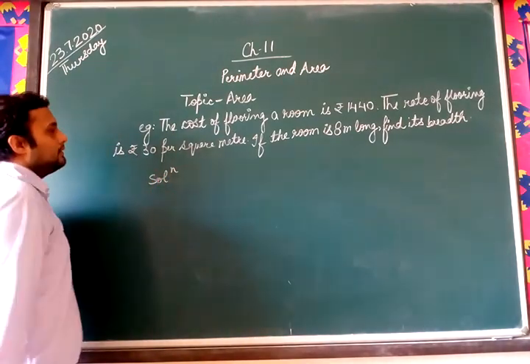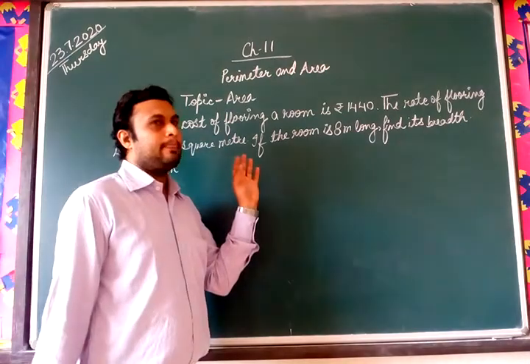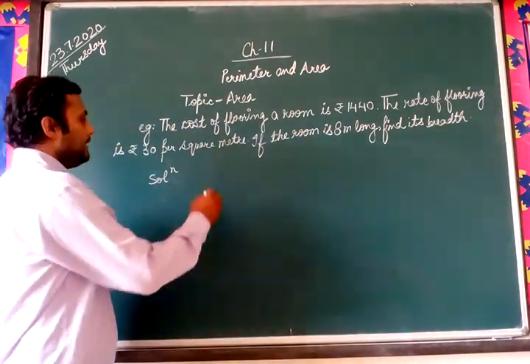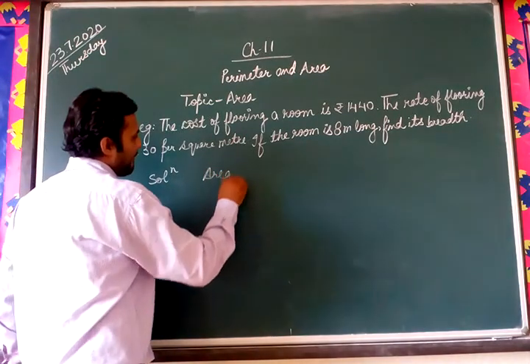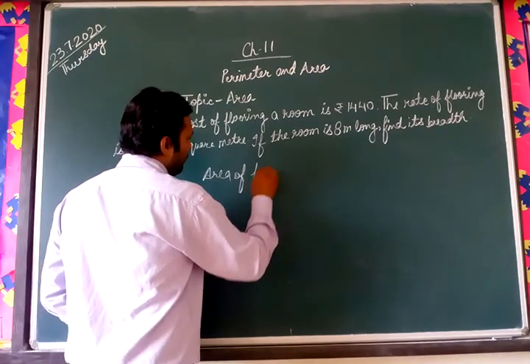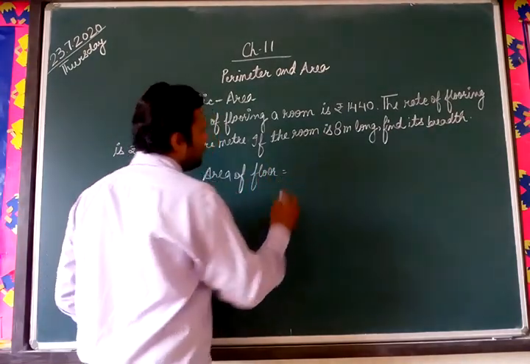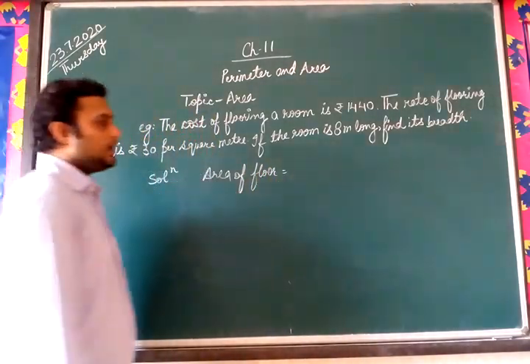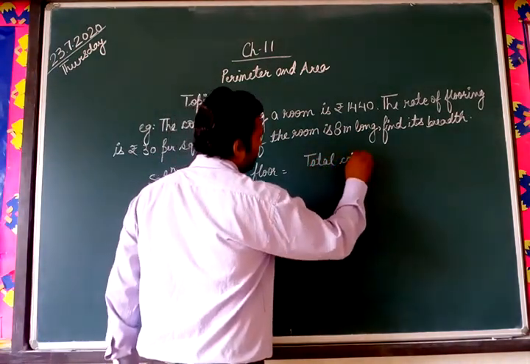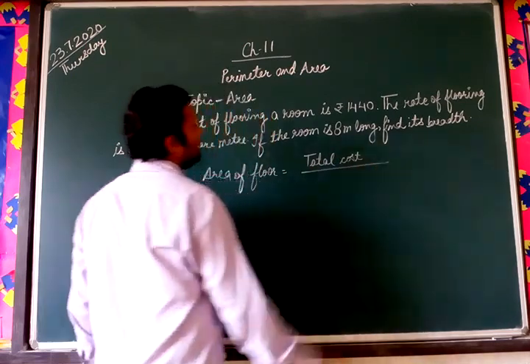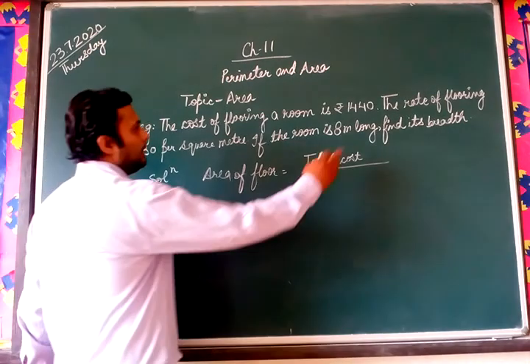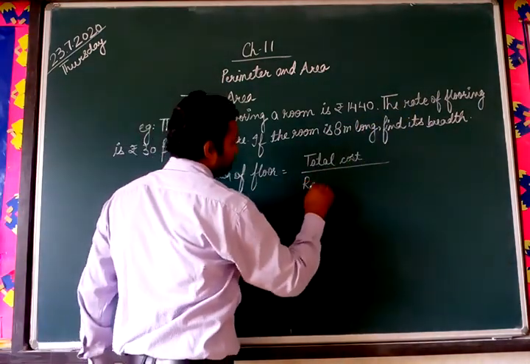First we have to find out the area. Through the area we can find out the breadth. What is the area? The area of the floor is the total cost divided by the rate of flooring.